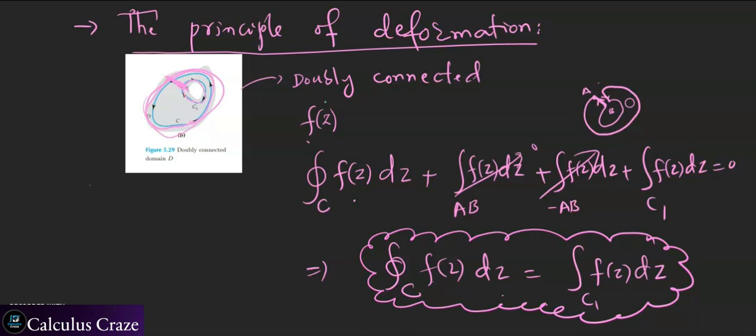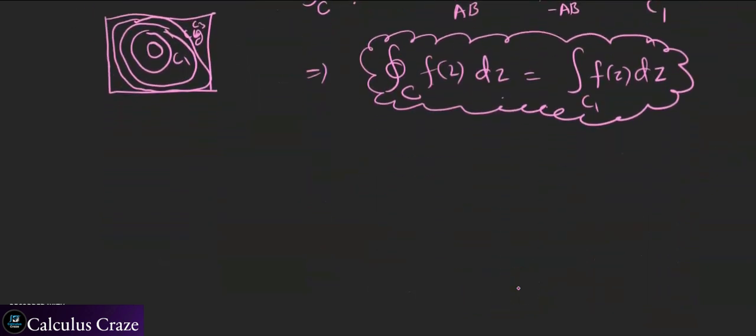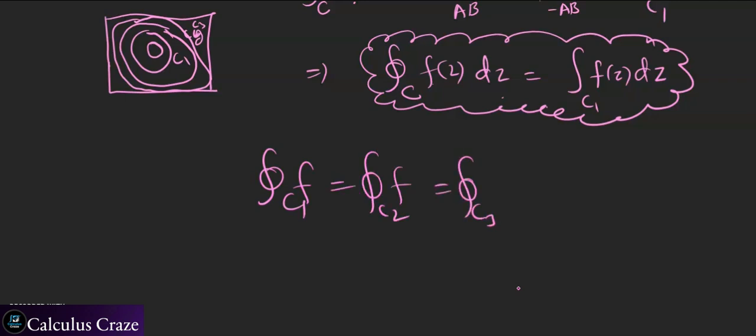It says that if you have a doubly connected domain with a hole, and over this hole you have curves C1, C2 and C3, each a simple closed curve surrounding the hole, then the integral over C1 is the same as over C2 and the same as over C3.